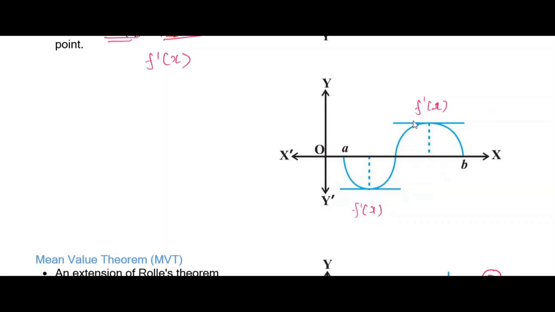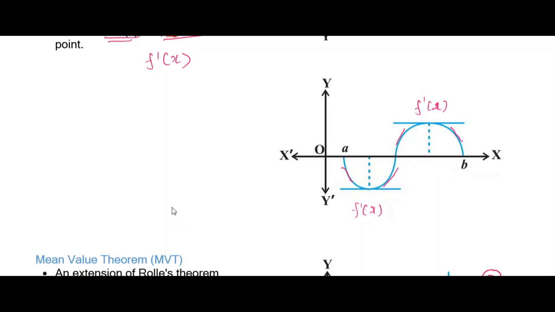Slope exists everywhere. Here there is a slope, here there is a slope. But when you look at a particular point where f dash C, that is f dash of x at C, is 0, when I say slope is equal to 0, what do you understand from this? It is nothing but dy by dx is equal to 0 means that point is constant. Do you understand this? Right.